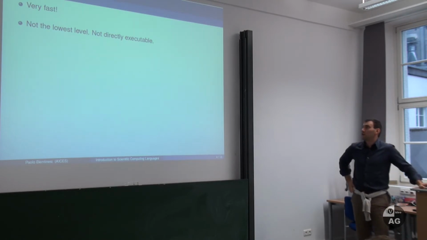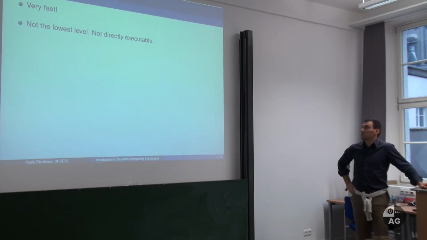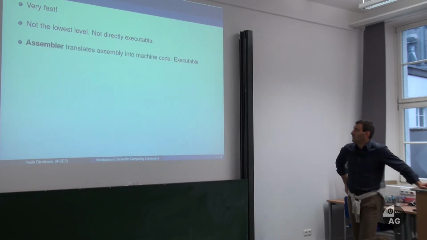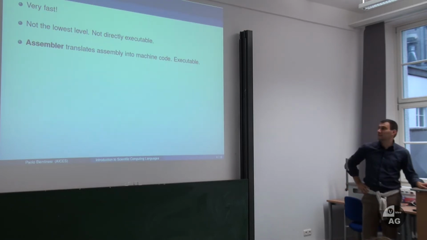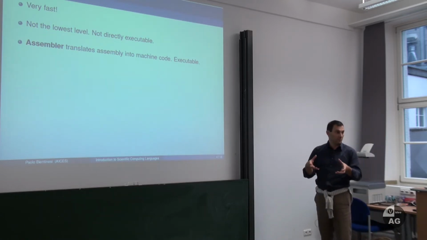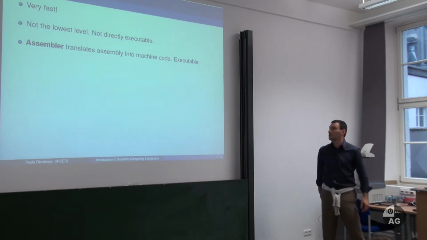That's pretty much what fast means, at least for the moment. As we said already, it's not the lowest possible level. So there is the binary, which is even lower. Machine code, in fact. So we need an assembler that takes the assembly, so the program in assembly, assembles it, and spits out the executable.